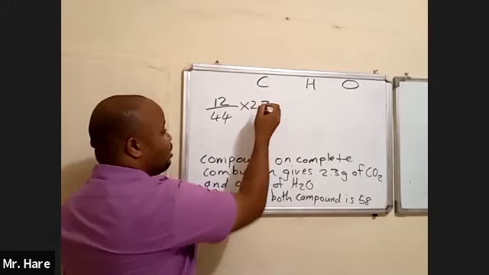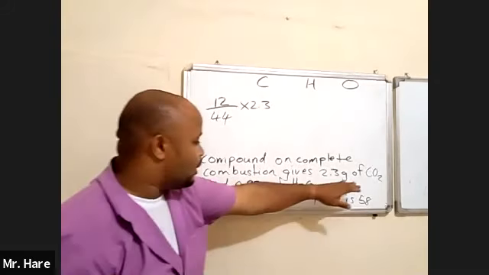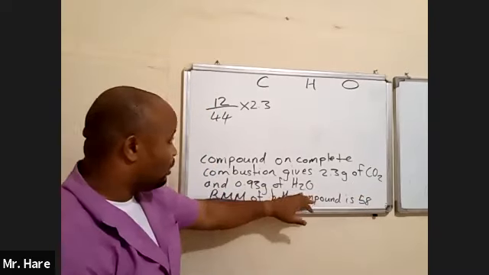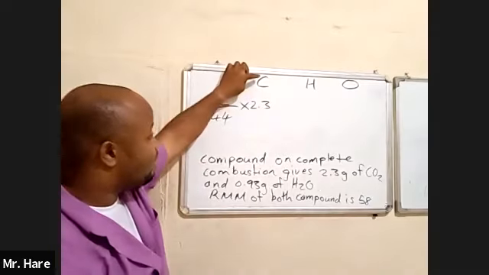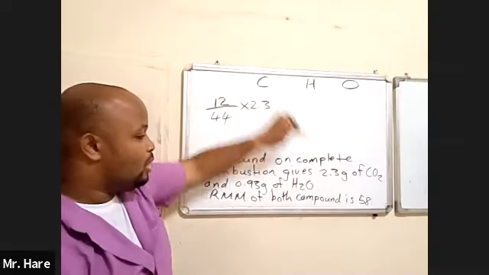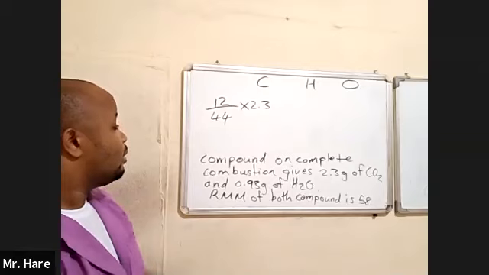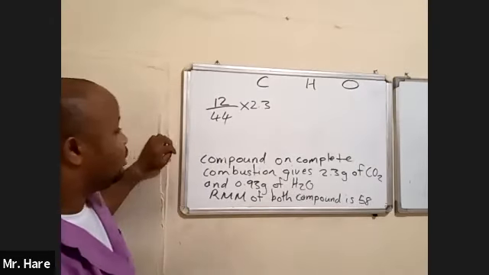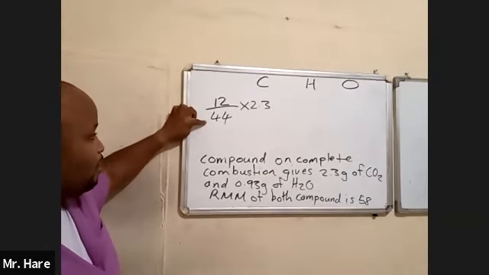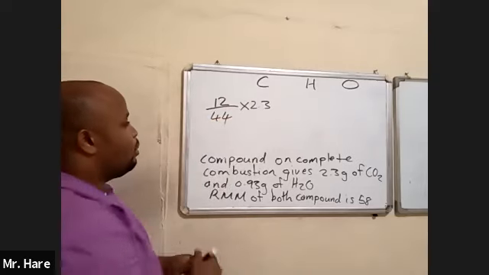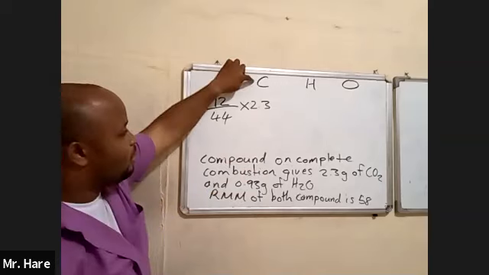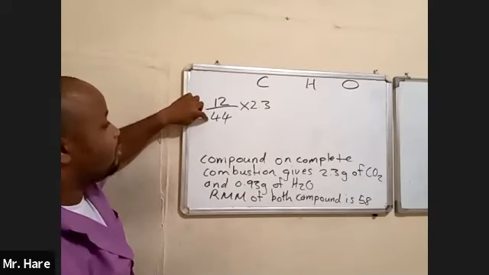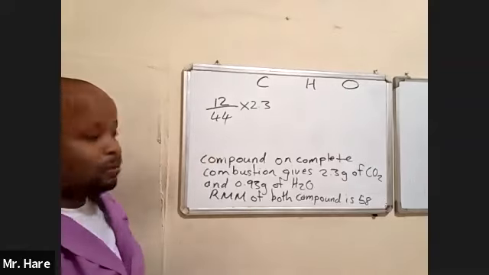To get the empirical formula, they gave you the mass of CO2 and the mass of water. But in calculating the empirical formula, you need the actual mass of carbon, not CO2. So to get the mass of carbon, it's 12 over 44 times the actual mass given for CO2. The 12 is the atomic mass for carbon, the 44 is the molar mass for CO2.